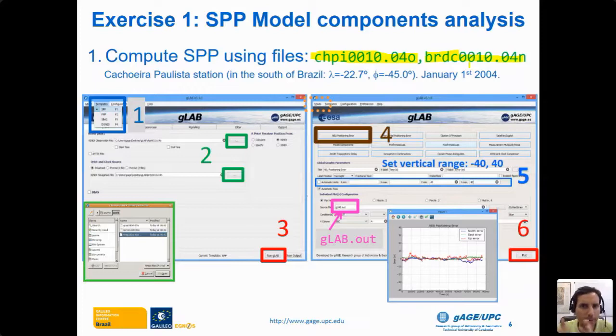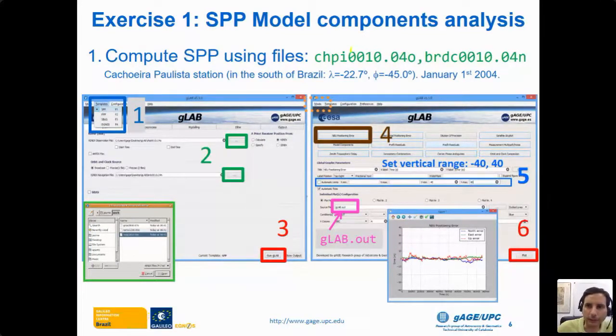And then we have some numbers. We have some numbers in both file names. This is a convention on how we organize the files in the IGS network, in any cartographic network that you might be using later.